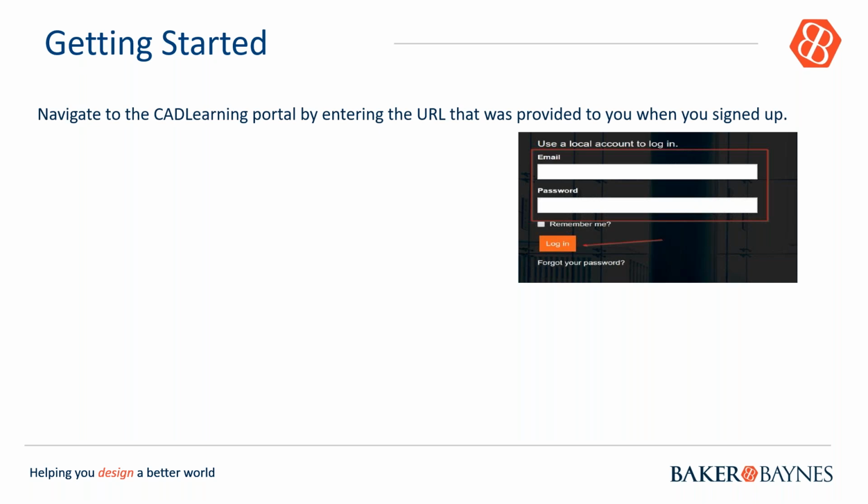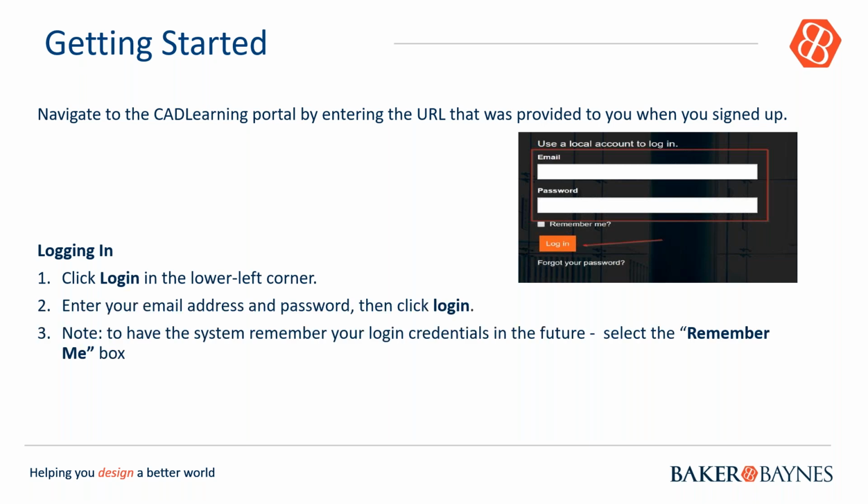You just need to navigate to the CADLearning portal by entering the URL that is provided when you sign into CADLearning, and then log in. That's where you use that black image there. It's usually found on the lower left corner of your home page.